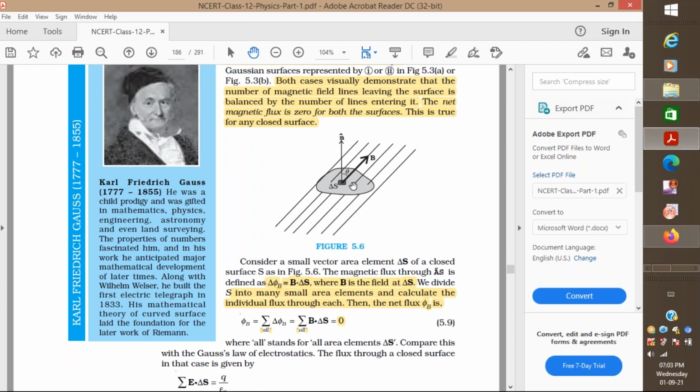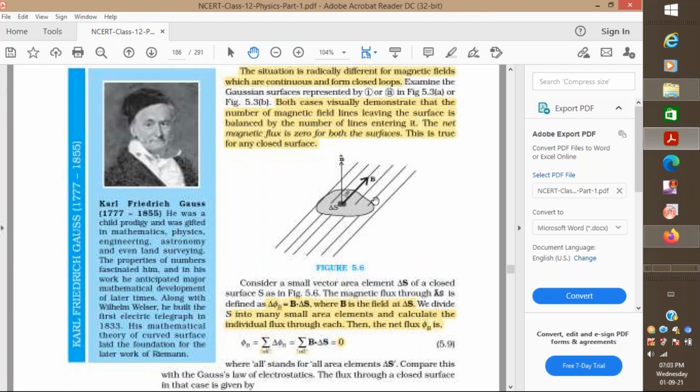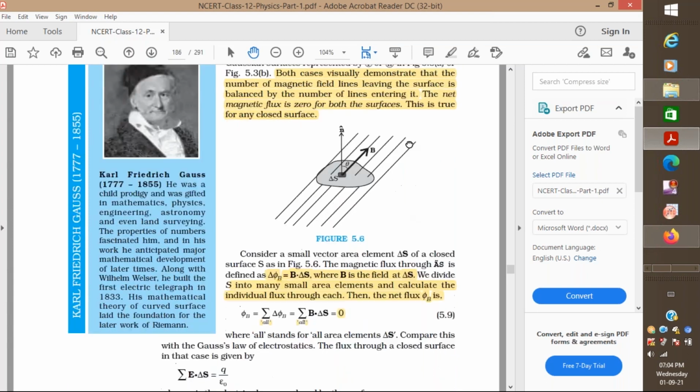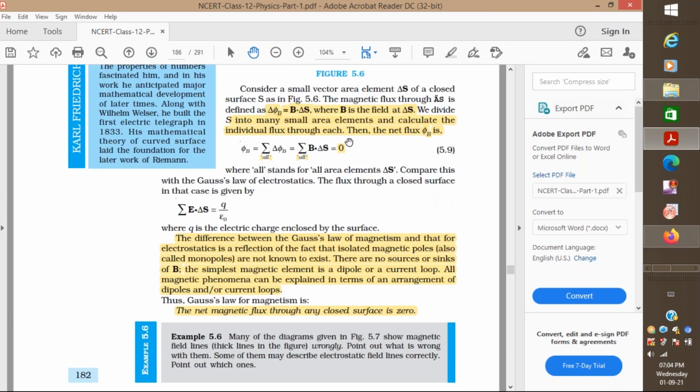Here, the net magnetic flux is zero for both the surfaces. This is actually the mathematical statement for discrete matter, but if you want it for a continuous medium, then you can write the integral form.